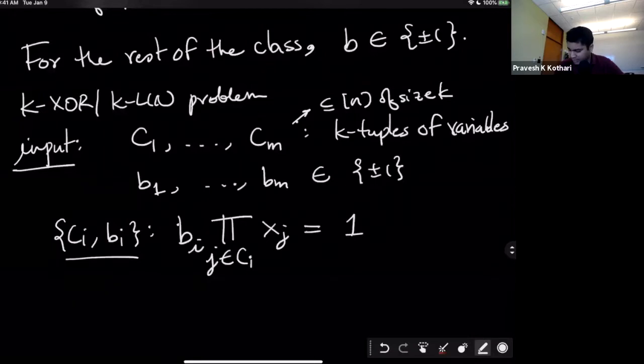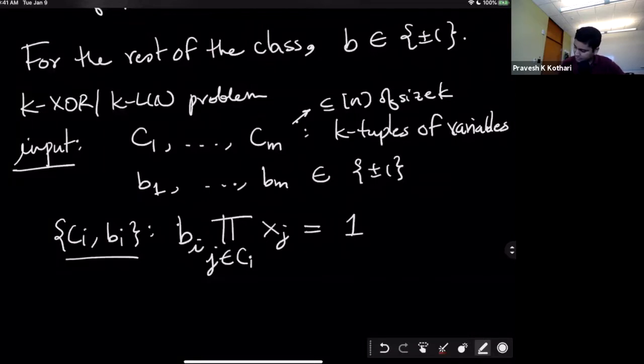So for each equation, maybe I can draw a diagram to make it easy to visualize. Think of a bipartite graph where I have m vertices on the right hand side, and each of these vertices stands for one of the constraints.